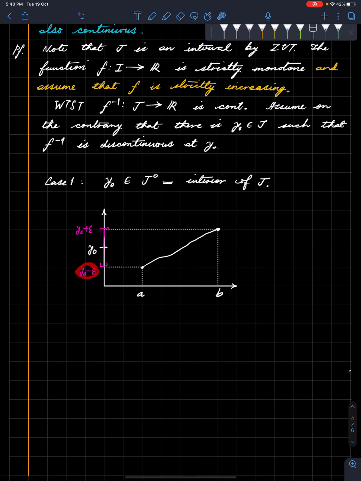So f inverse of that is A and f inverse of that is B. One can depict f like this. It's a strictly increasing function.